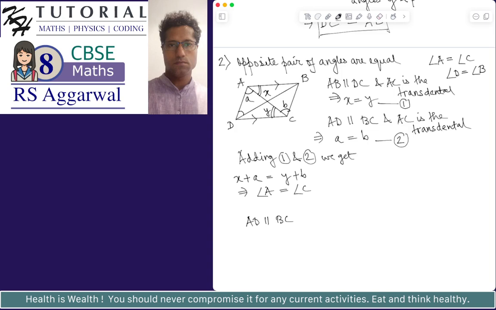Let's say this angle is C, this angle is D, this angle is P, and this angle is Q. I hope the diagram is not so messy that you cannot make it out, and that you will be able to properly understand it. Now we have AD parallel to BC, and BD is a transversal.